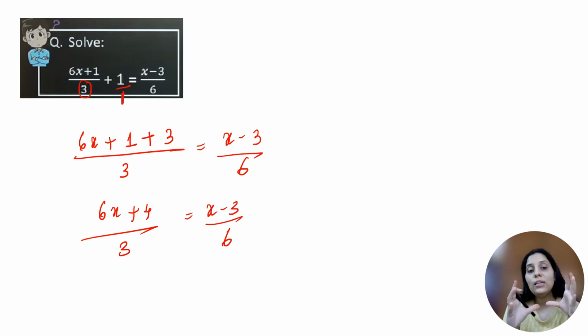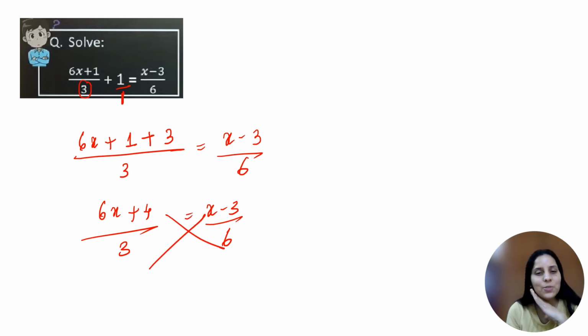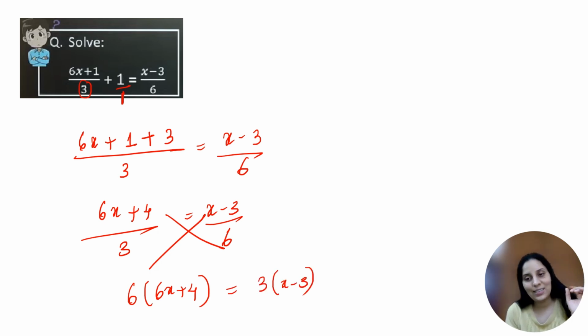Now you will come across these kind of questions where you have single terms on both the sides. So in this case you need to make sure that you always cross multiply. It becomes very easy. Cross multiply, we get 6 into 6x plus 4 equals 3 into x minus 3.